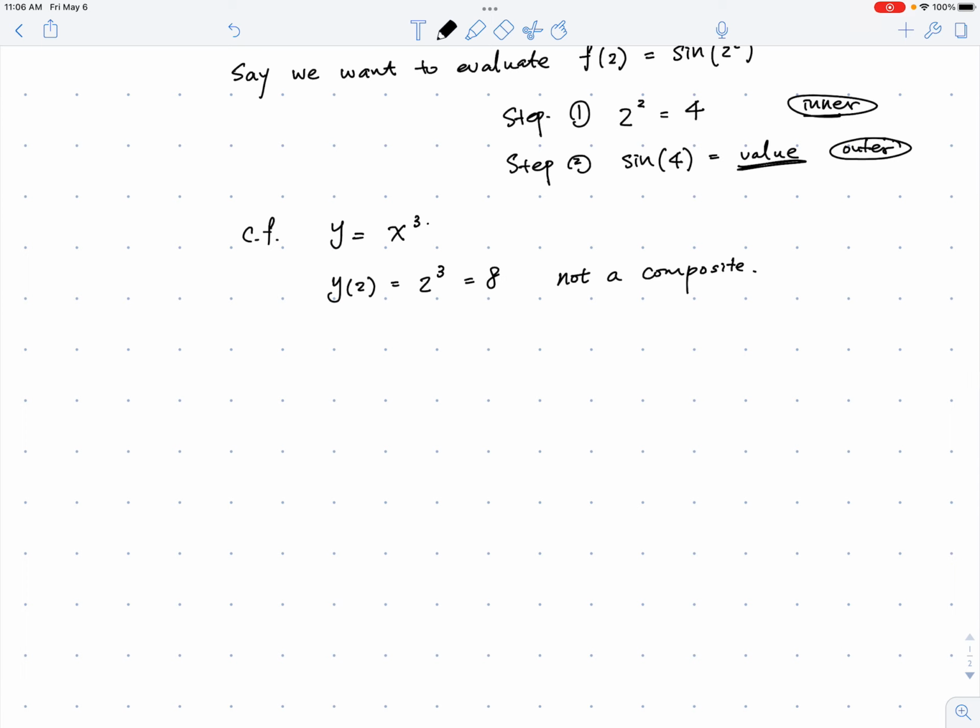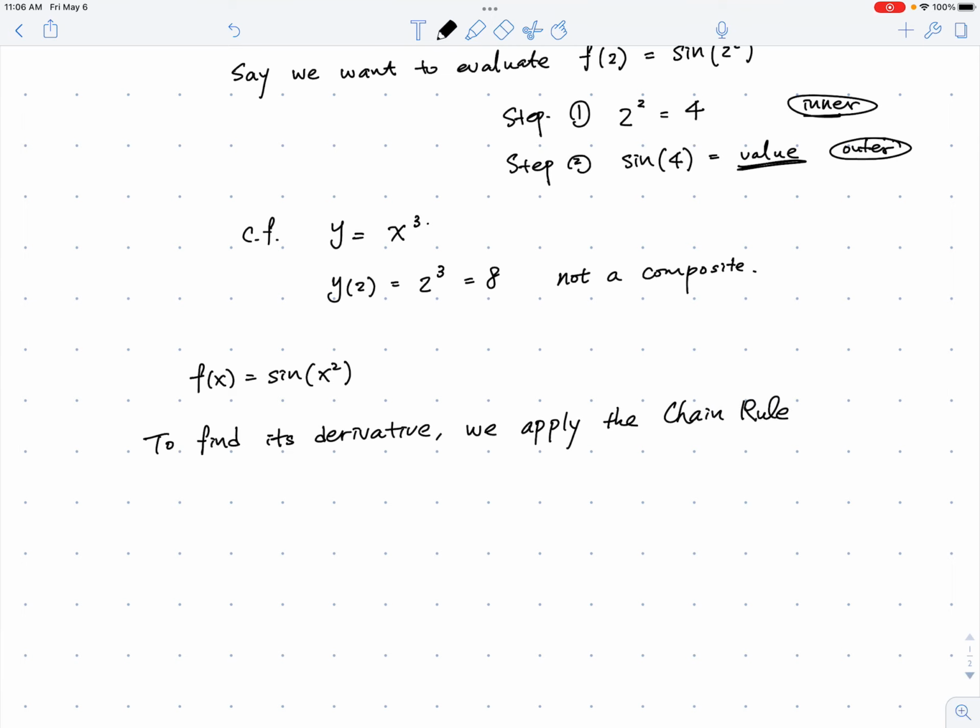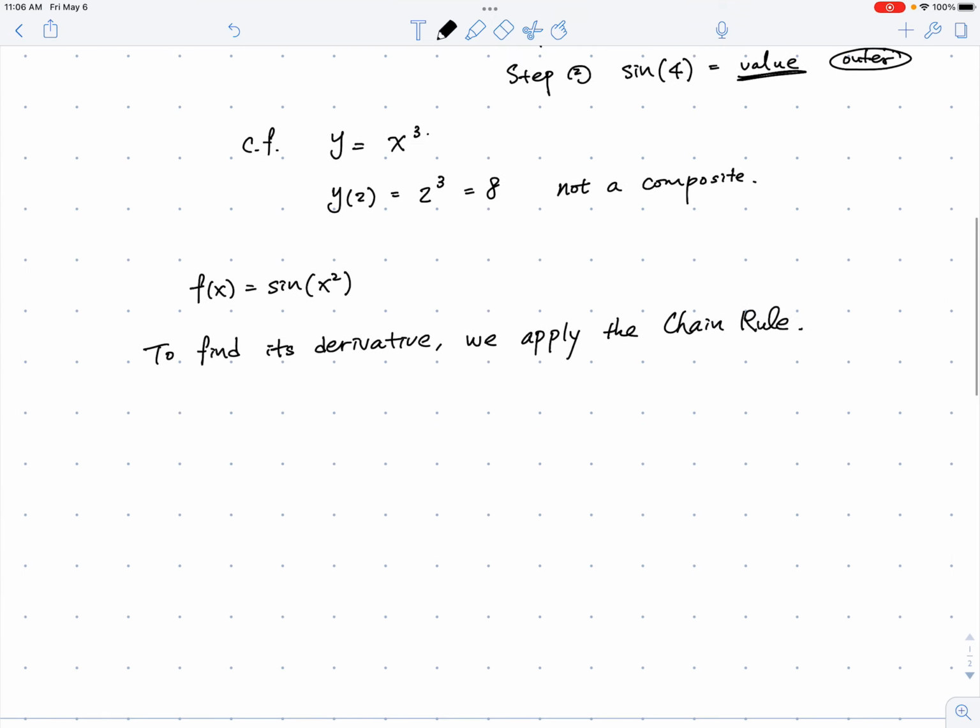Let's continue to use this function f of x equal to sine of x squared as an example. Now to find the derivative, we need to apply the chain rule. First, you set up an outer function and an inner function.